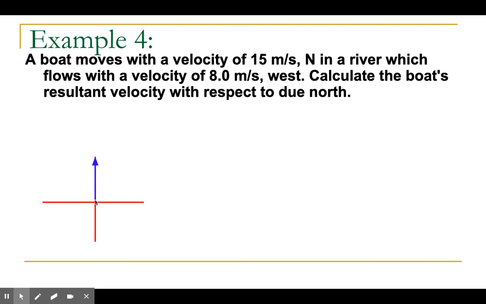So from the origin, we draw a vector pointing due north and label it as 15 meters per second north. We add the second vector, the tail of the second vector, to the tip of the first vector, in which the magnitude is 8 meters per second and the direction is west.